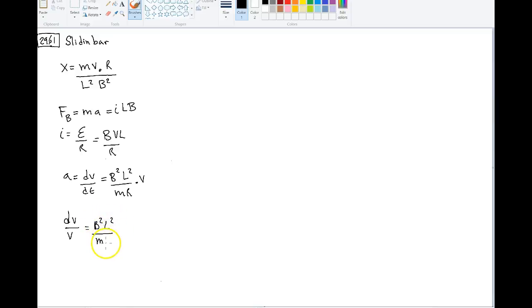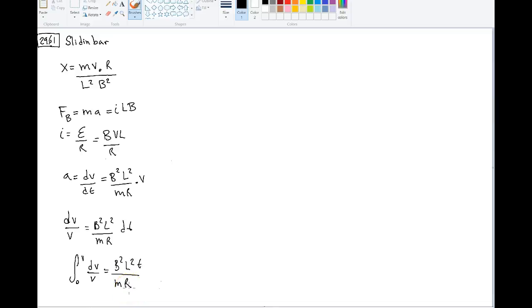Right? Now let's take the integral of both sides. We get the integral from v0 to v, dv over v is equal to the integral of this with respect to time, which is just going to be B squared L squared t over mR. Right? And you get the integral of both sides of this. Integral dt from 0 to t is just t.